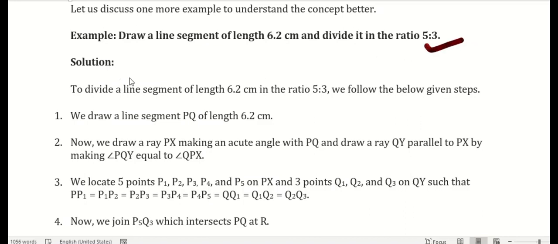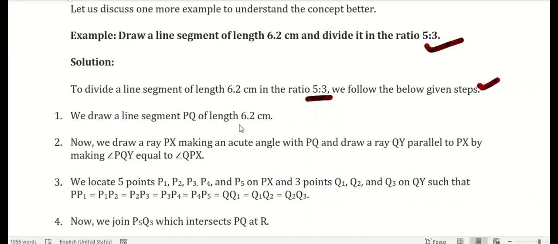How can we solve? To divide a line segment of 6.2 in the ratio 5 is to 3, you follow the below given steps. Steps are very important while you are constructing any type of figure in mathematics.